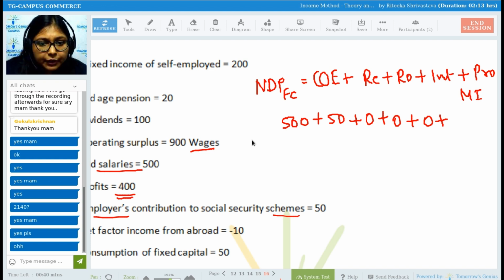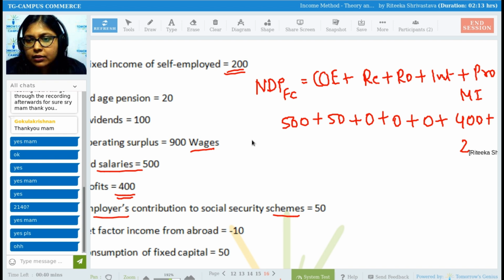Dividend is also given, but when they have given us profit directly, we will not take dividend. We'll directly take 400. Plus mixed income, 200 is given.